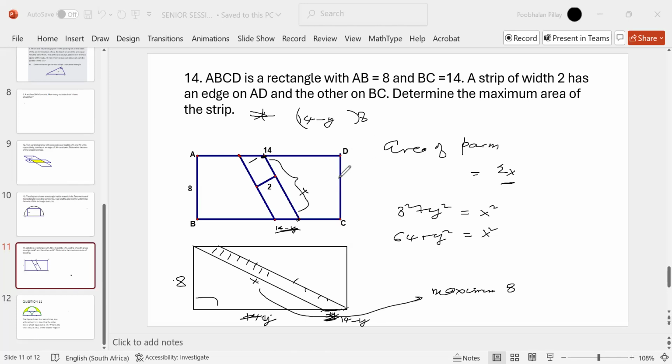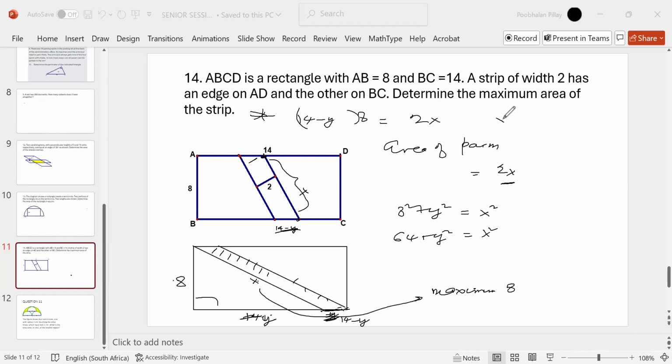Right? So it's 14 minus y. The height is from there to there. The height between these 2 parallel lines, which we already know, is 8. But you can use this other base to find the area, which we already saw. That's 2x. So we got a nice, lovely equation involving 14, y and x.